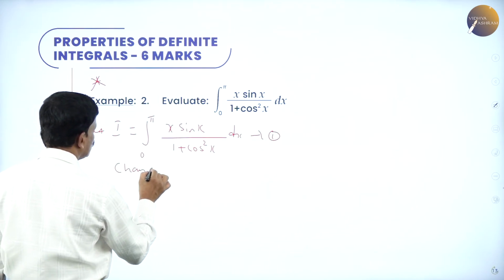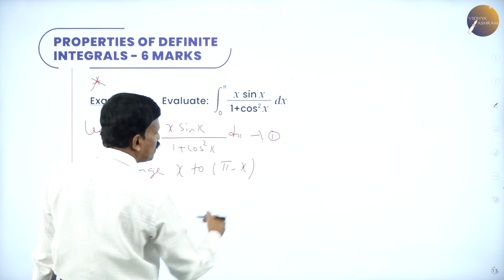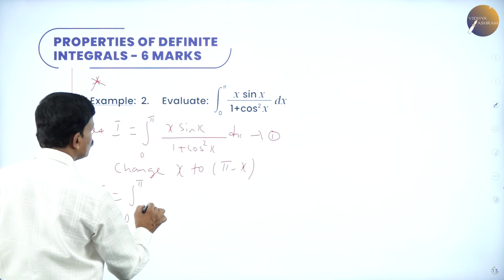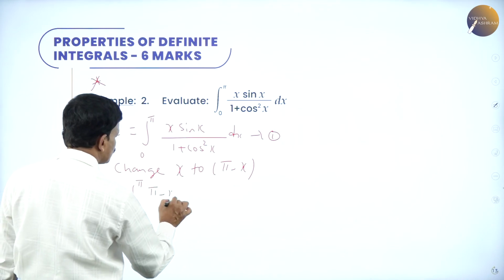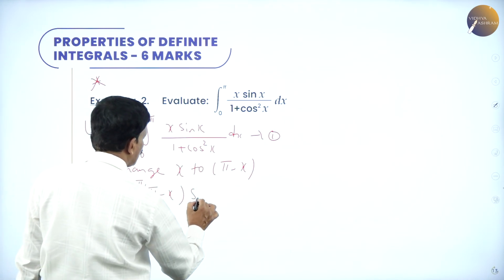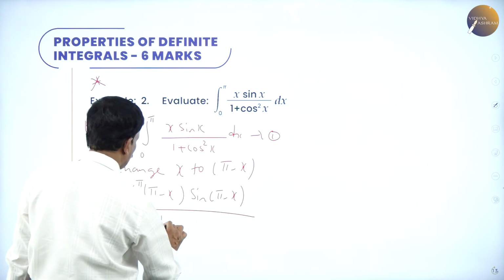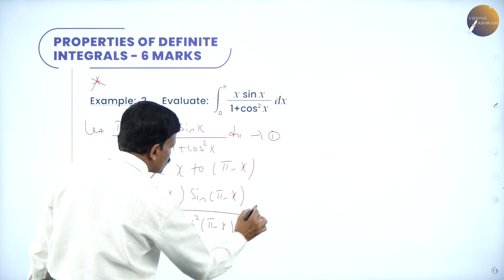Change x to upper limit minus x, pi minus x. Then this becomes the integral from 0 to pi of, x is nothing but, what is x? Pi minus x, into sine of pi minus x divided by 1 plus cos square of pi minus x, into dx.